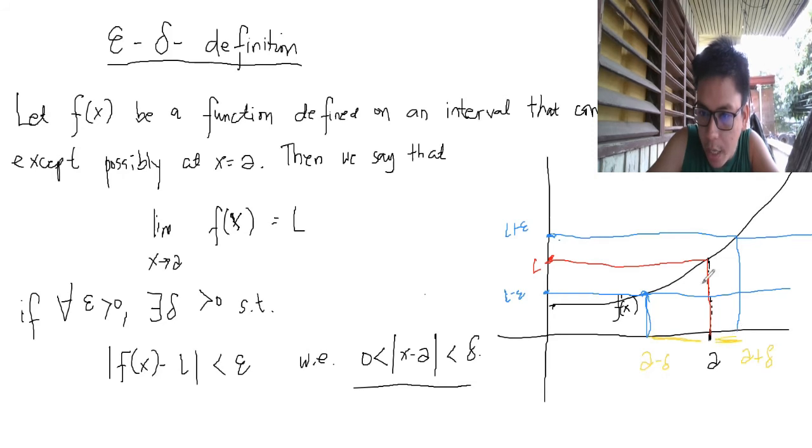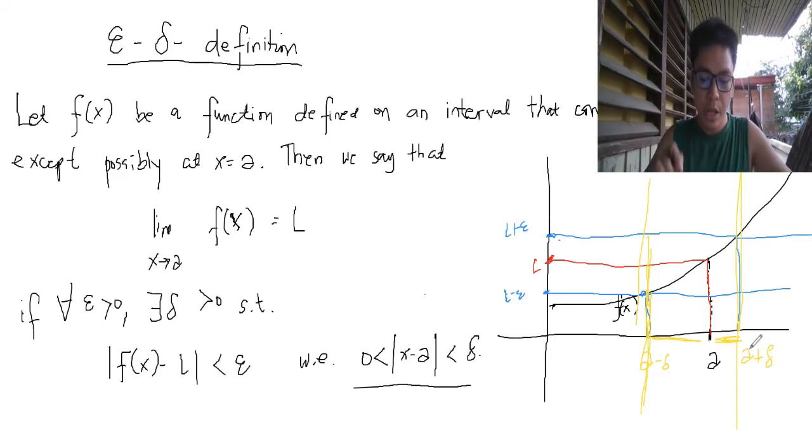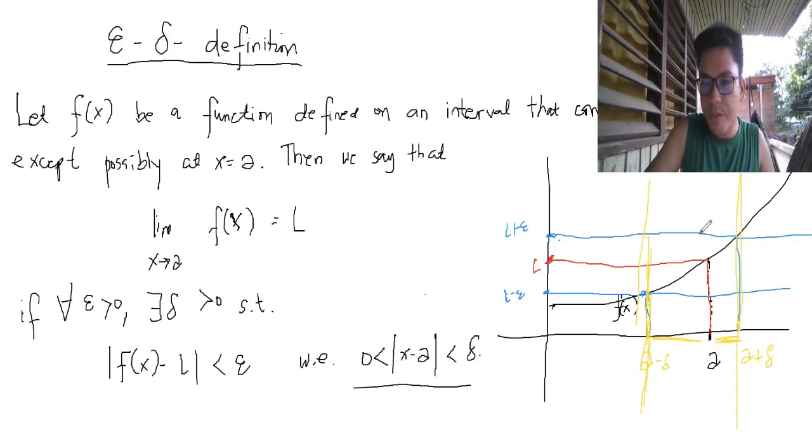I'm sorry, I made it not so perfect a drawing, but technically assuming these are equal. So I would have this vertical line here for a minus delta, and I also have a plus delta.